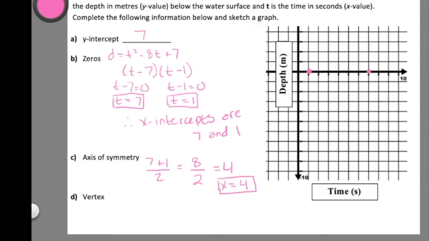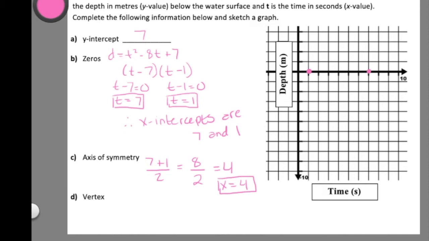Now the vertex is going to have this x coordinate, but we need to figure out what the y coordinate of the vertex would be. What I can do here is plug in my 4 for x and then solve, and that will tell me what my vertex is.